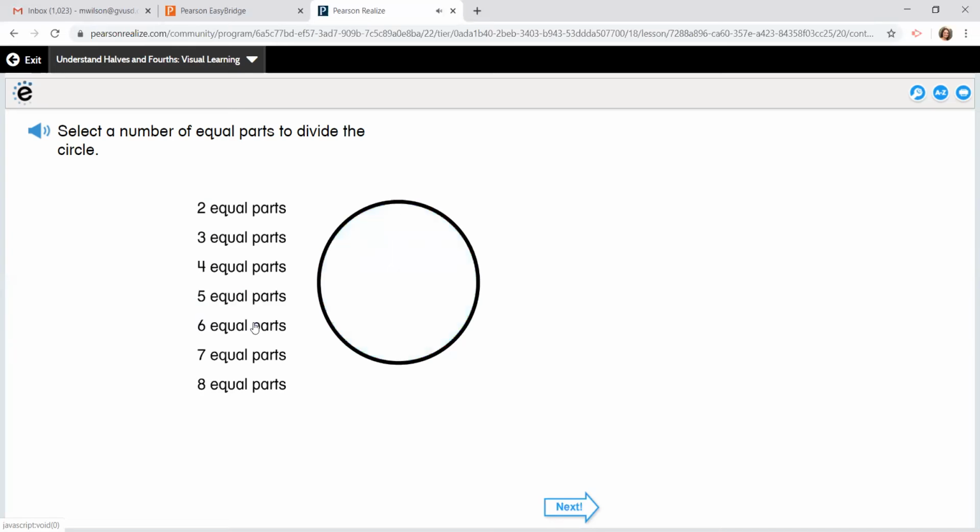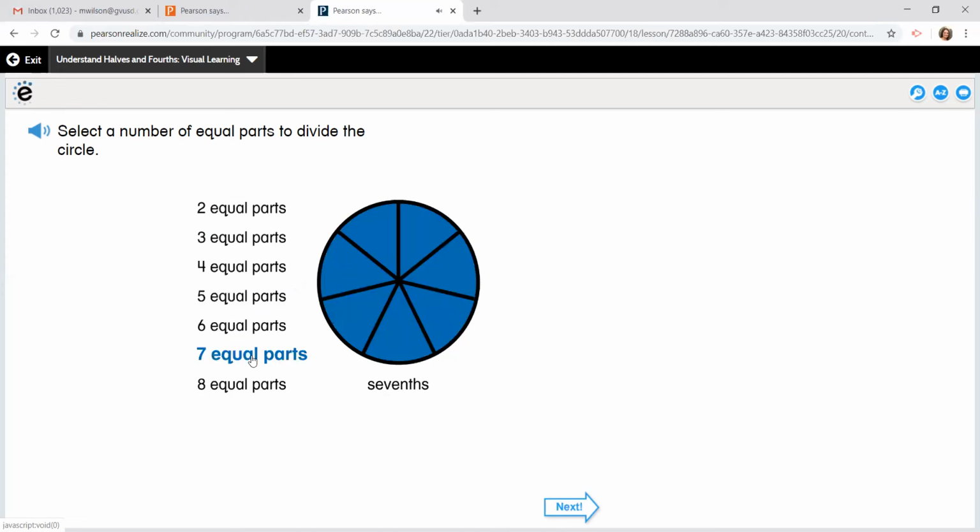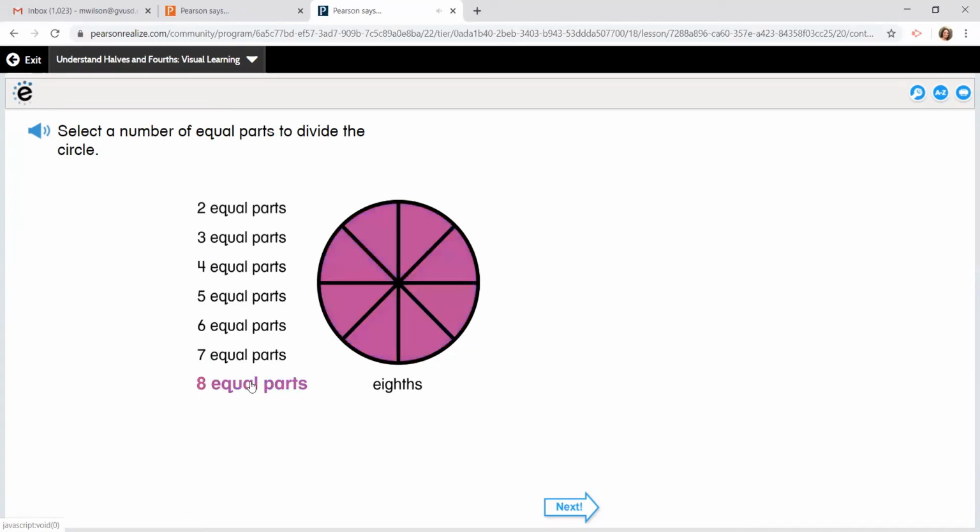The circle shows sixths. And let's see what 7 equal parts looks like. The circle shows sevenths. Those are tiny slices. And the circle shows eighths. Look how skinny those slices are.